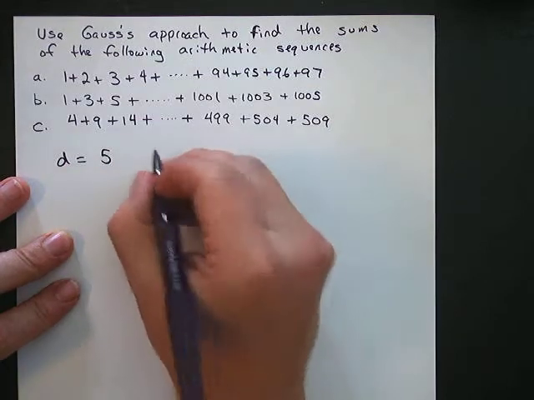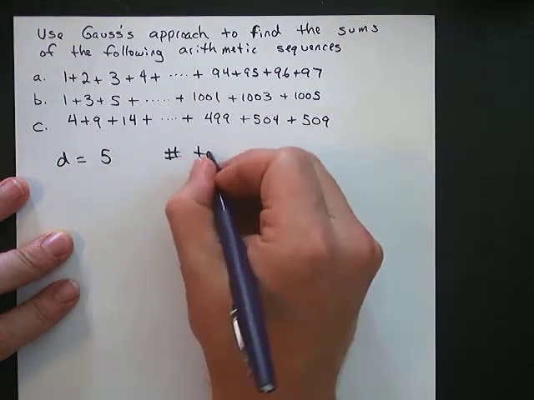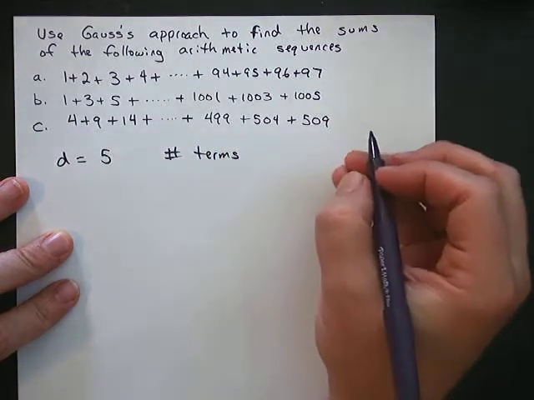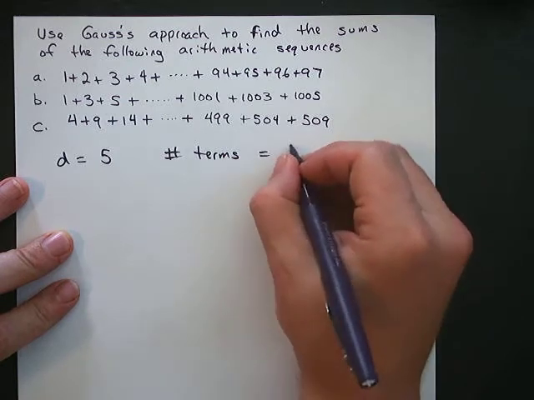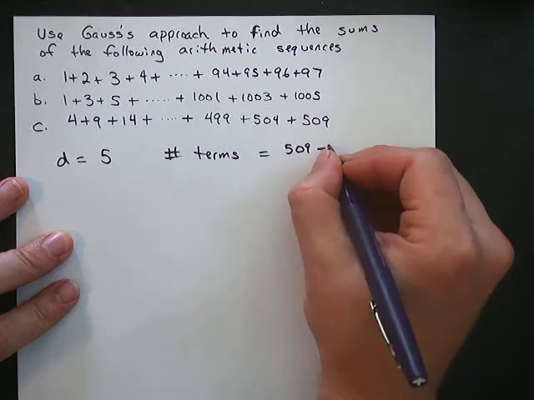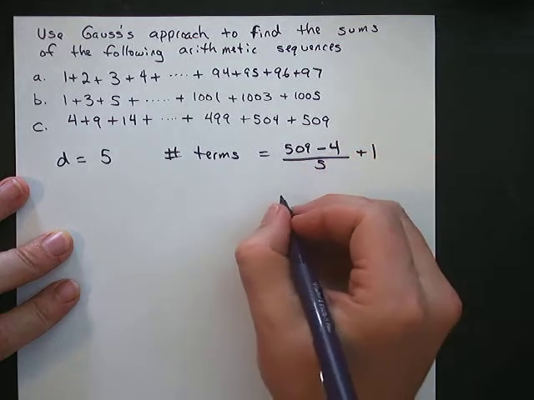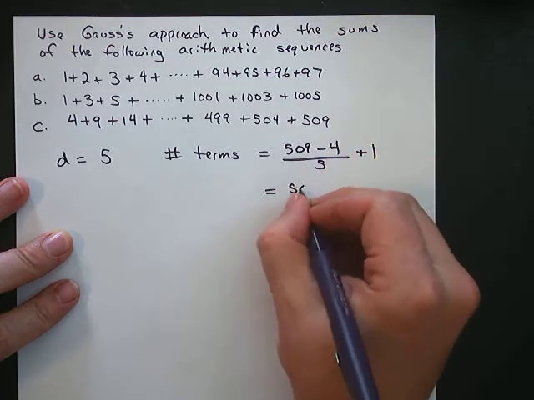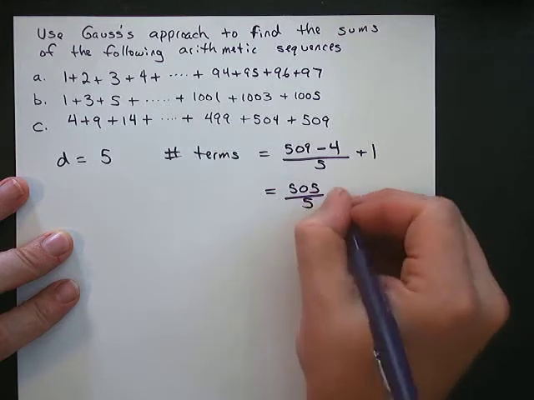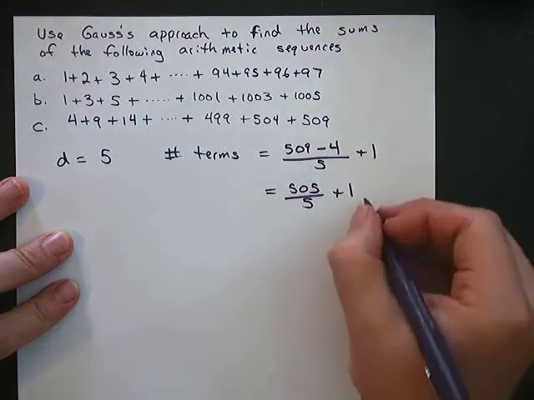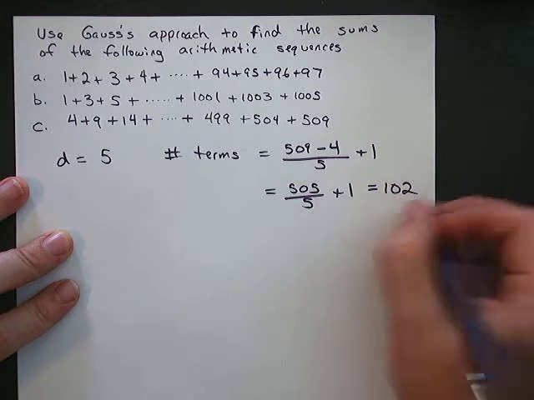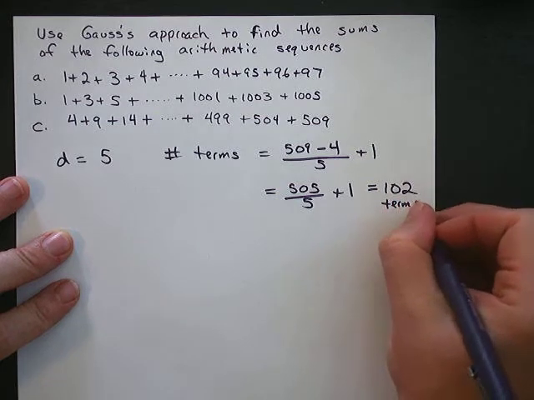Number of terms: well, the number of terms is going to be 509 minus 4, divided by 5, plus 1. So that's 505 divided by 5 plus 1. That is going to be 102. So we have 102 terms in this problem.